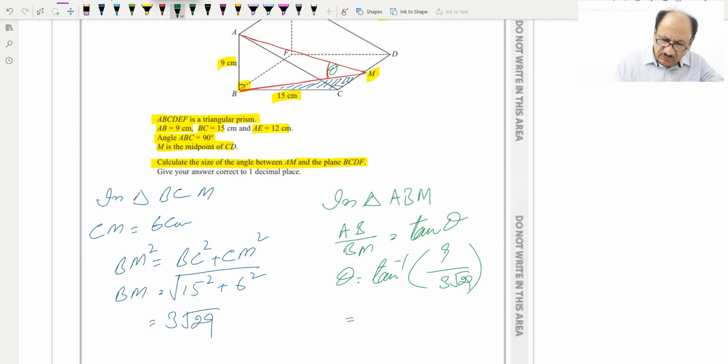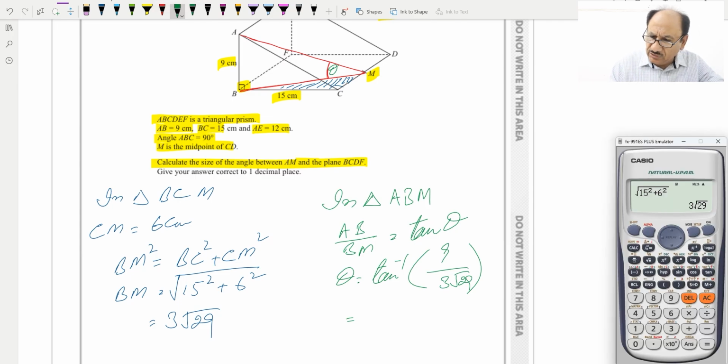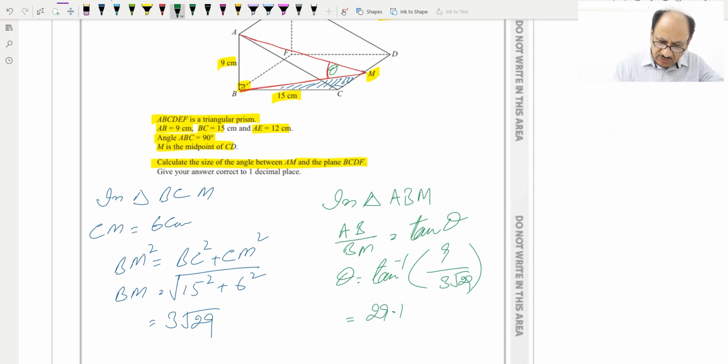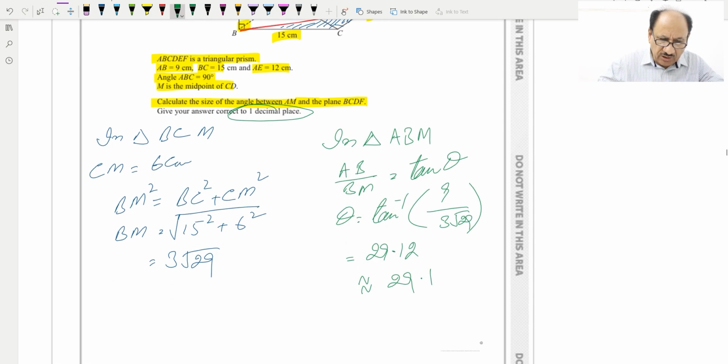We calculate shift tan of 9 over answer, and this will give us 29.12. We need the answer correct to 1 decimal place, so we round it to 29.1 degrees.